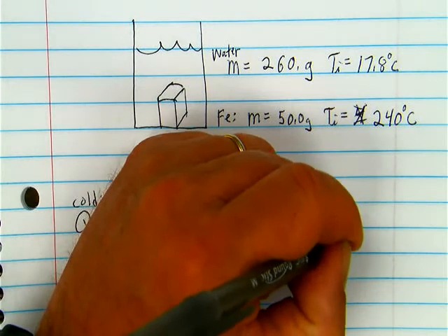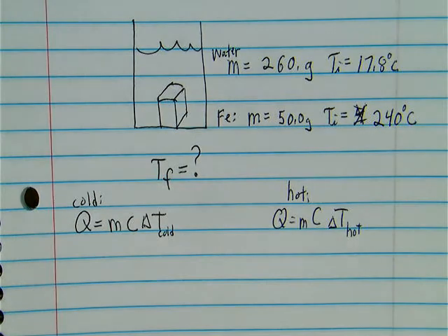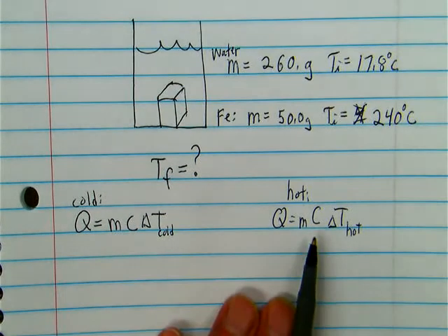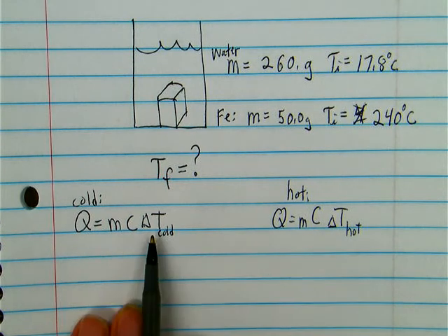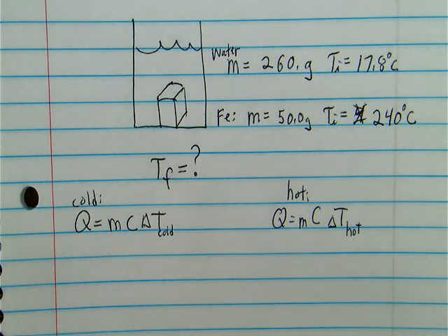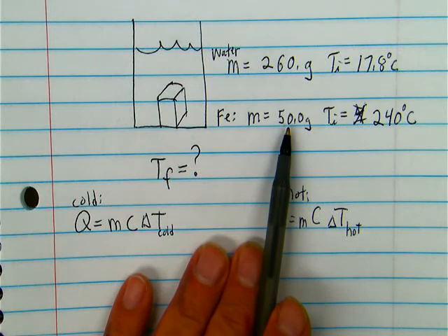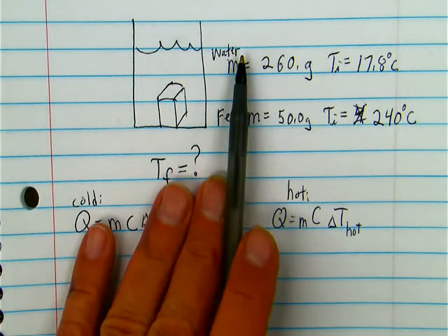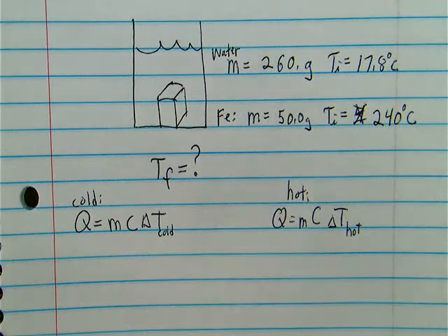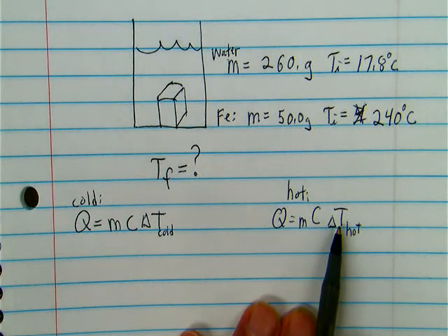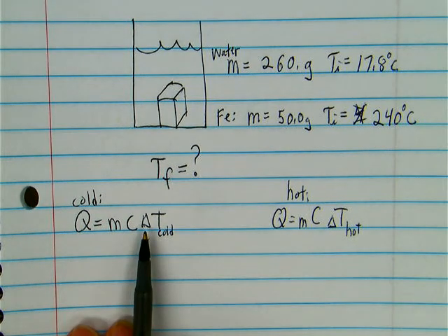This is for the hot stuff cooling down to the final temperature. I can tell you already, the hot stuff is going to have a much larger delta T than the cold stuff in this situation for two main reasons. There's a lot more water than there is iron, and the specific heat of water is greater than the specific heat of iron. So this is going to change temperature a lot compared to that, less.